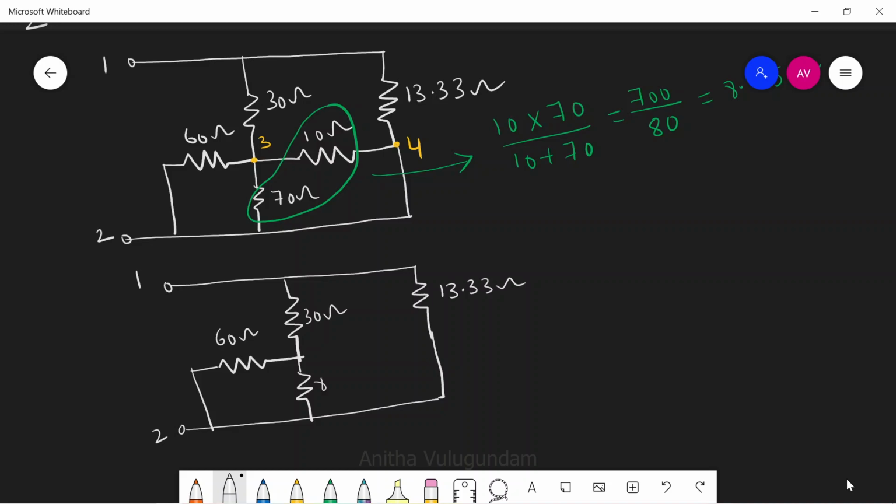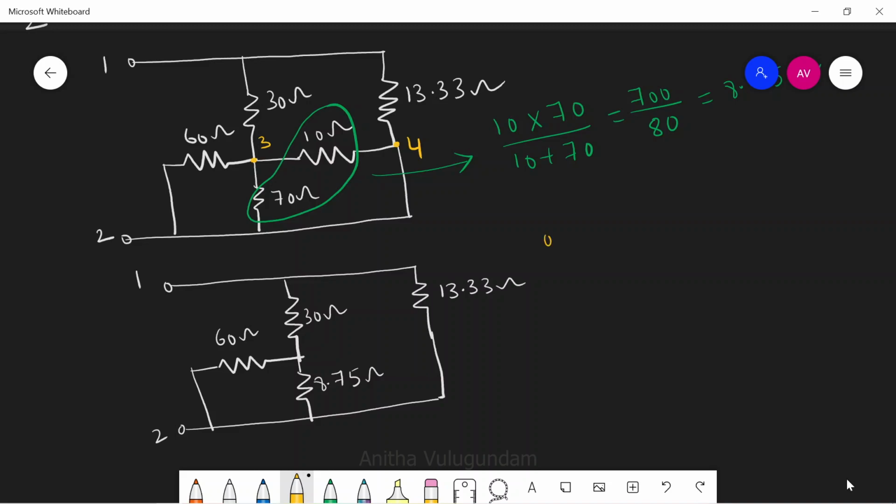And this is 8.75 ohm. Okay. Now notice 60 ohm and 8.75 ohm are parallel to each other.